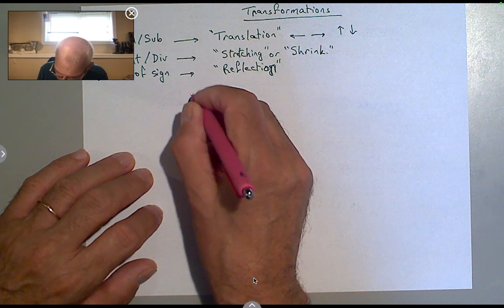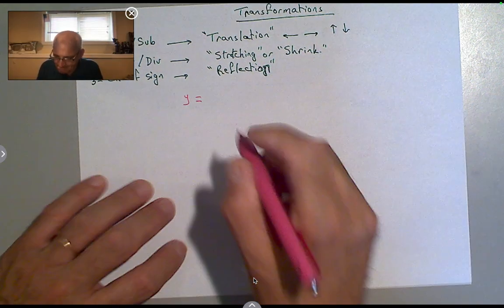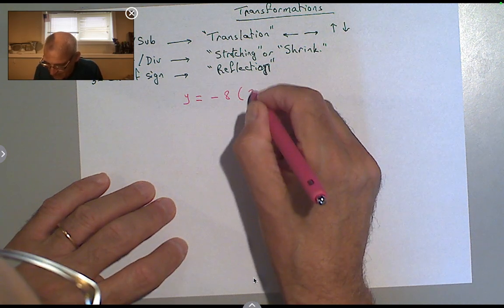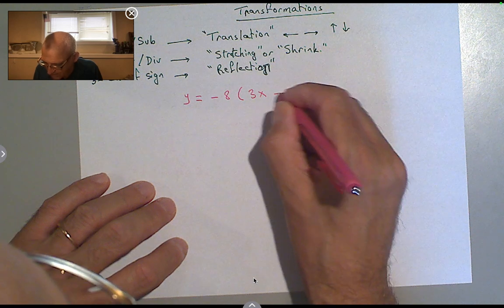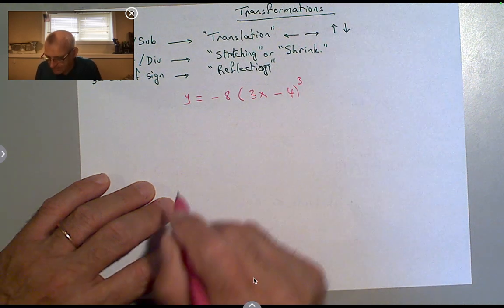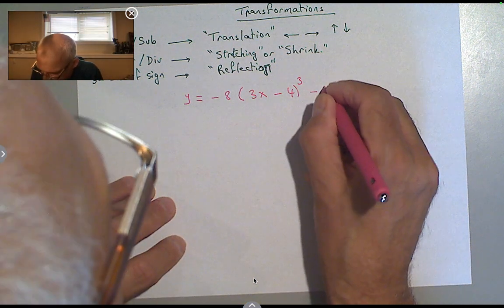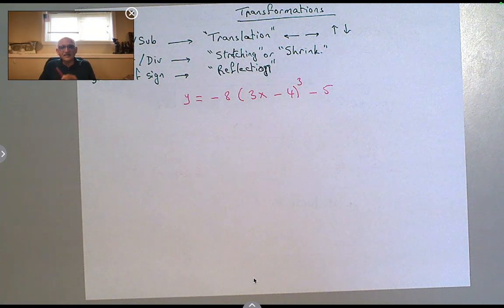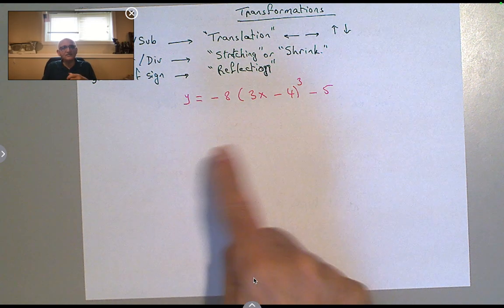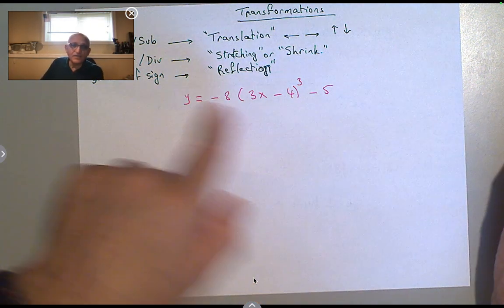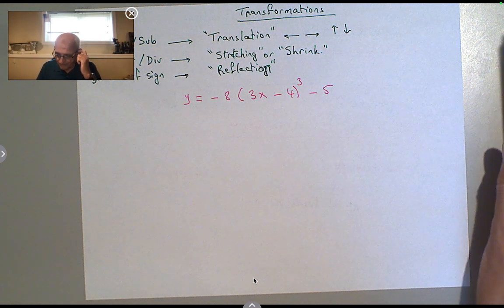Let's say y equals negative 8 times (3x minus 4) cubed, minus 5. Well, cube will give me a hard time, but it doesn't matter. And I tell you, here is a function. Tell me what is the parent function and what happened to the parent function to become that. So meaning, if I know how to plot the parent function, how do I plot this function?